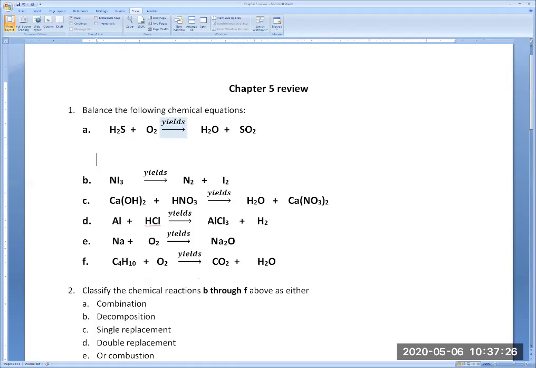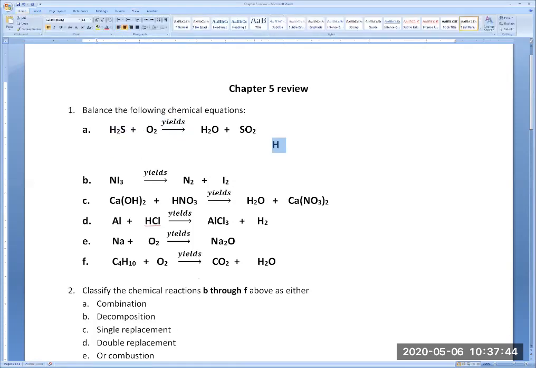So the way I advise to do it, I will show you. You want to count each type of element on either side of the arrow. I like to put the symbol of the element that you will look at in the middle under the arrow.